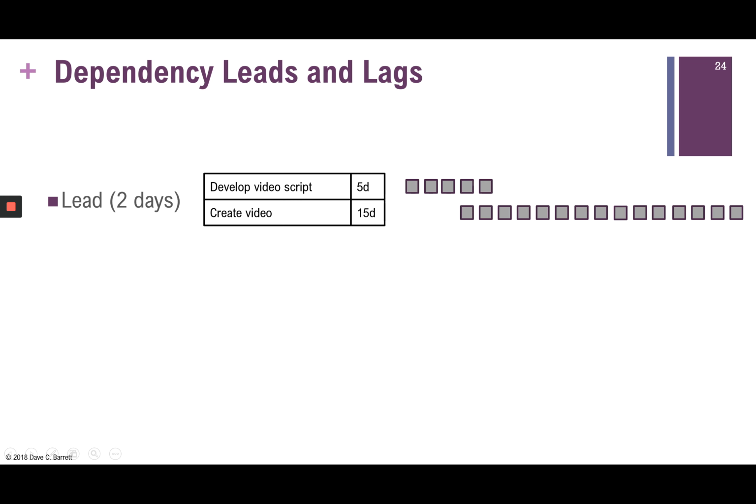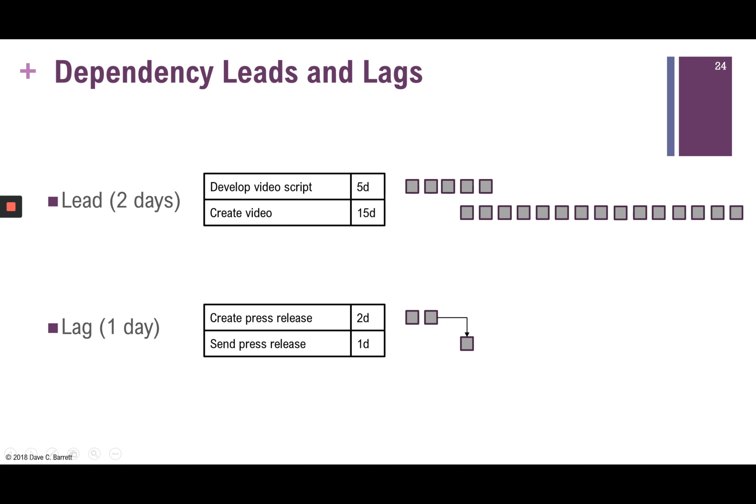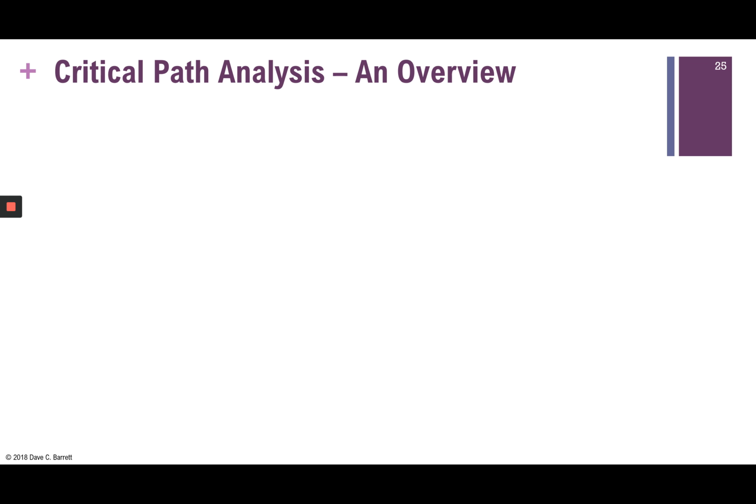It doesn't have to wait for this to finish, but can start when this is within 2 days. A lag is kind of the opposite, a gap between two activities. So this would be a finish to start dependency with a 1-day lag, where instead of this activity occurring right after this one, it waits a day and then starts. And there can be various reasons why that would be required.